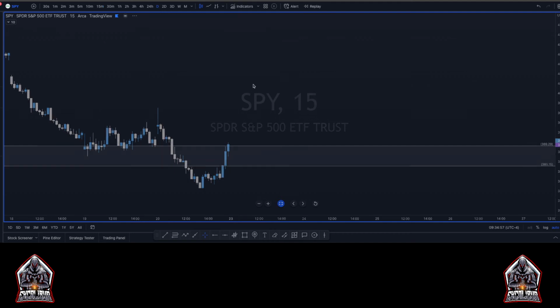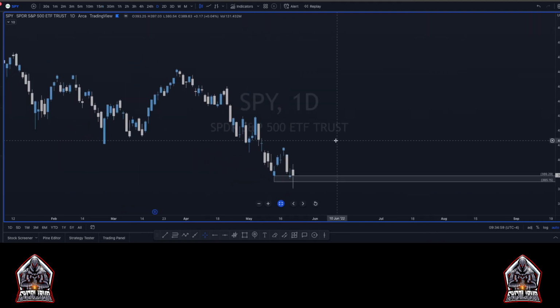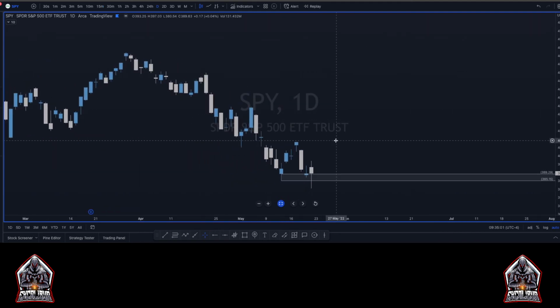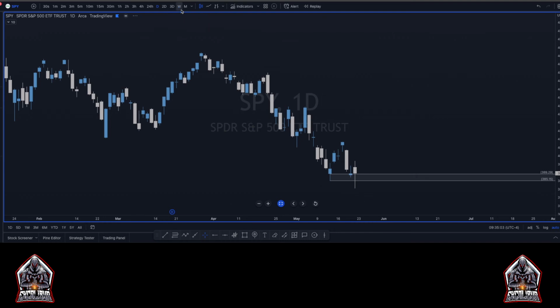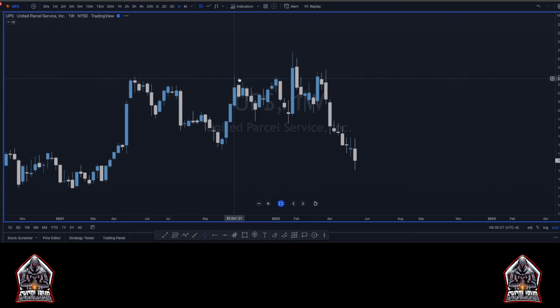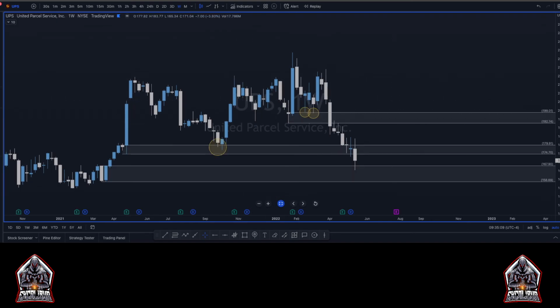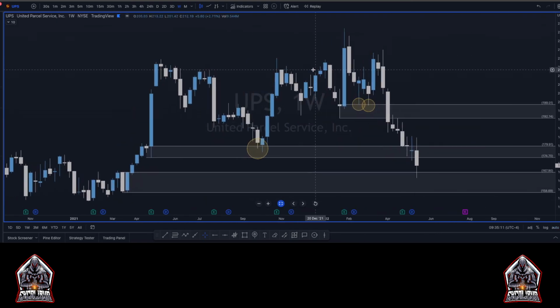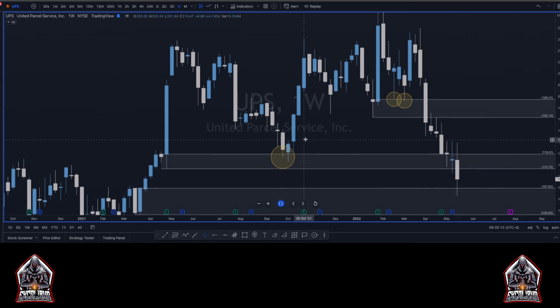With supply and demand, you could go to higher time frames. You could do weeklies, you could do monthlies. I showed UPS on a weekly time frame right here.